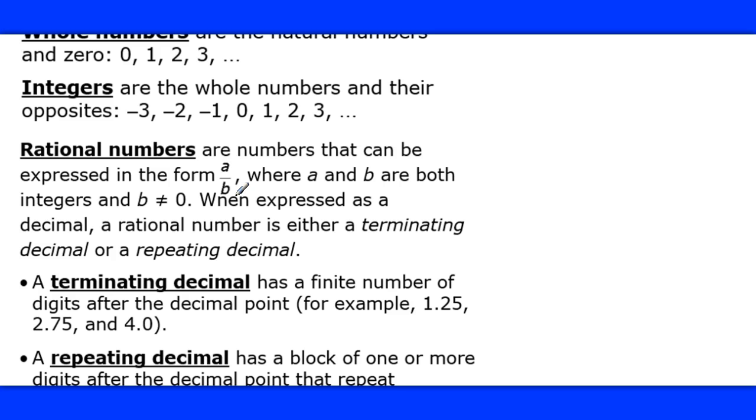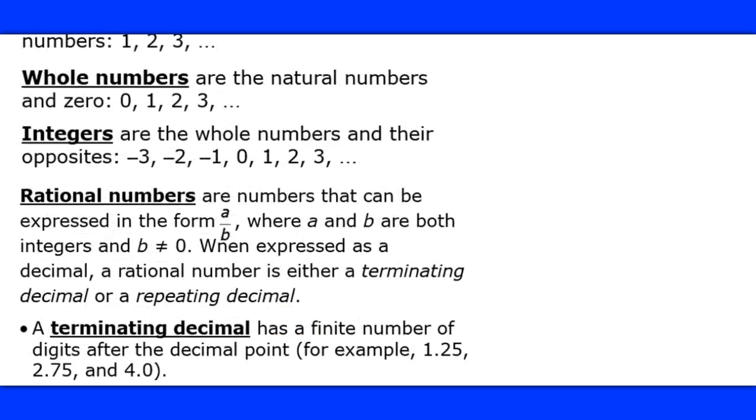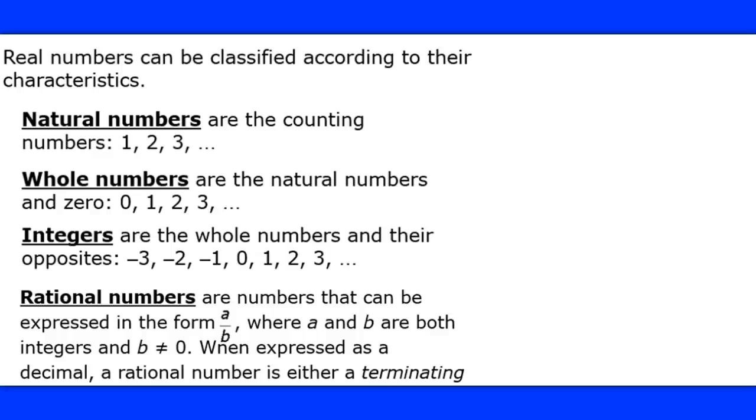Okay? Things that are rational numbers would be, of course, anything that can be written as a fraction, your terminating decimals, your repeating decimals, because those can both be written as a fraction. Terminating decimals you write as a fraction by putting over their place value, and a repeating decimal, I can show you how to do that later. Okay? Those are your rational numbers. Now, very quickly, we use an N to represent the natural numbers.